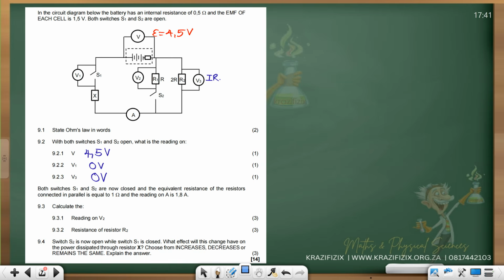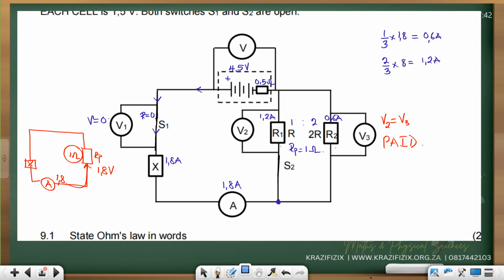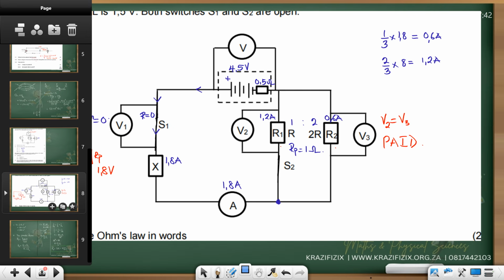Switch S2 is now open while switch S1 is closed. What effect will this change have on the power dissipated in resistor X? Okay, let's first look at the impact of closing S1. S1 is open? Oh, no, S2 is open. So if S2 is open, guys, what you need to do is to understand the impact of that.